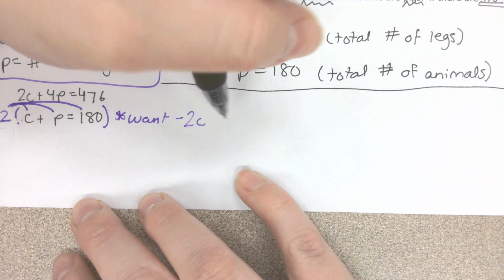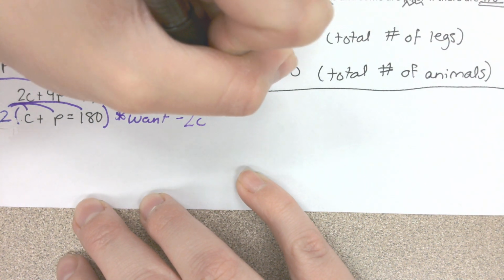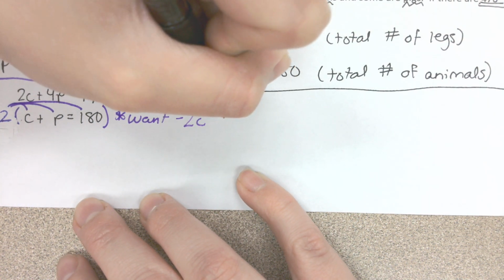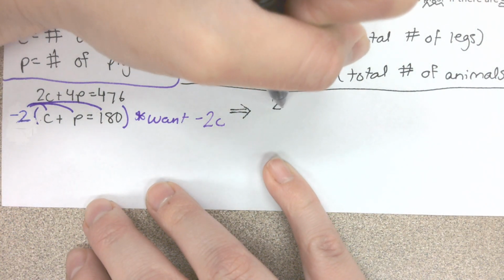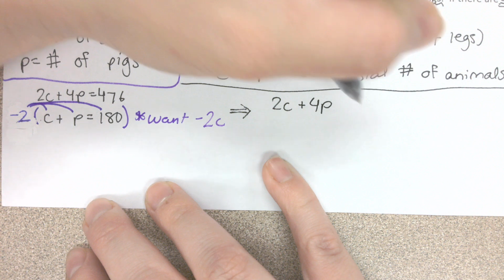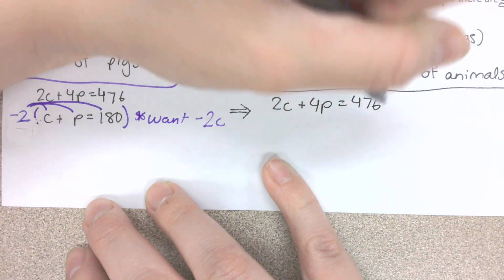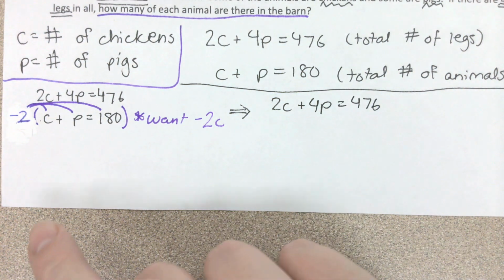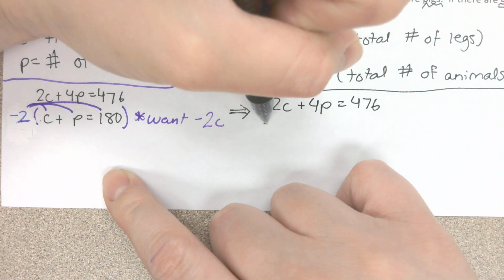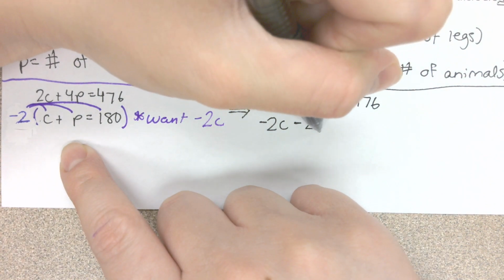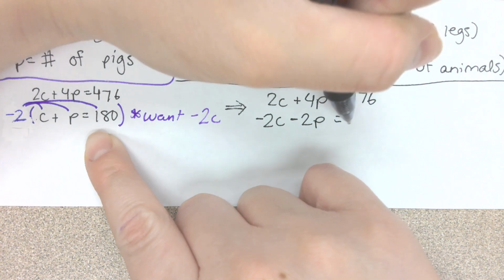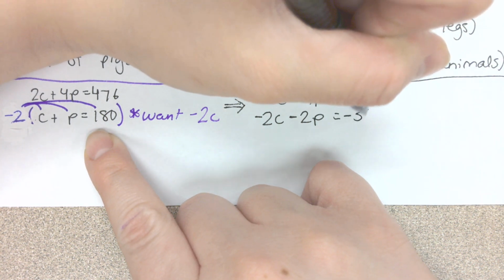I do have some space, so I'm going to rewrite this over here fully. So I have 2C plus 4P equals 476. And then on the bottom, I'm going to have this new equation: negative 2C minus 2P equals negative 360.